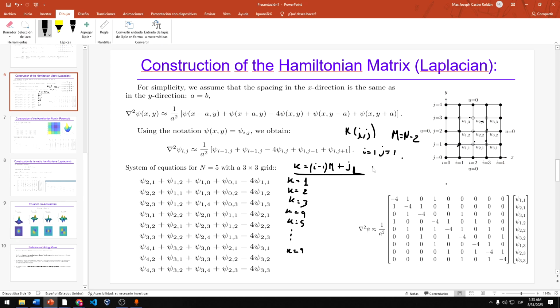Entonces, si J es mayor a 1, A sub K, K menos 1 va a ser igual a 1.